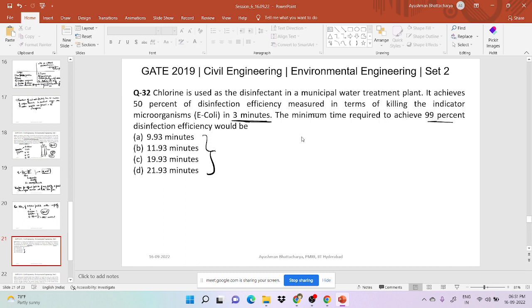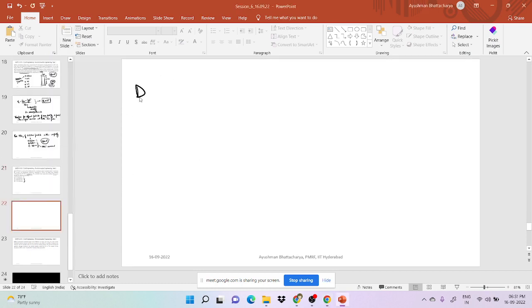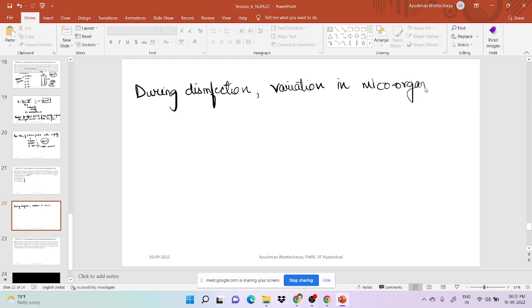So during disinfection, we will start the concept. During disinfection, variations in microorganisms are given by this equation: Nt is equal to N naught e raised to minus kt.